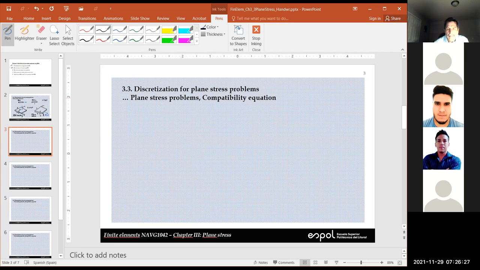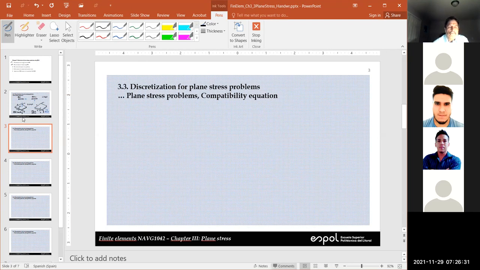Now, in the meantime, we're going to review some basic concepts about plates. Basically that's more important than the compatibility equation.